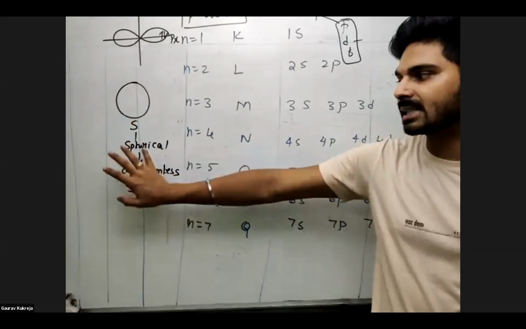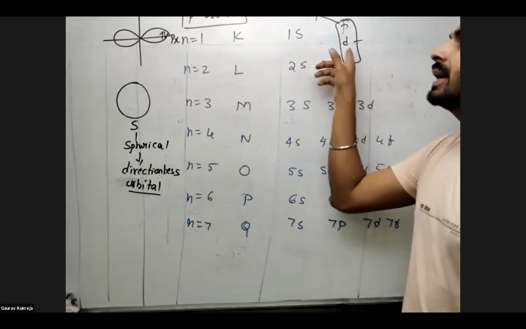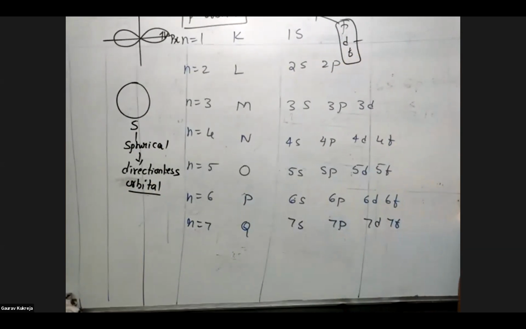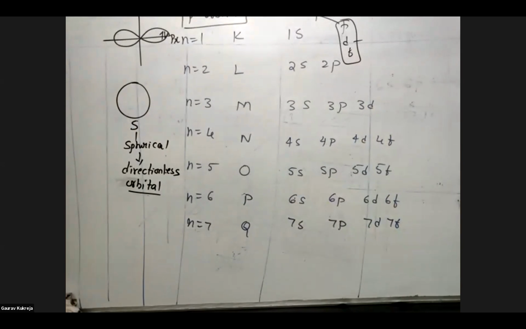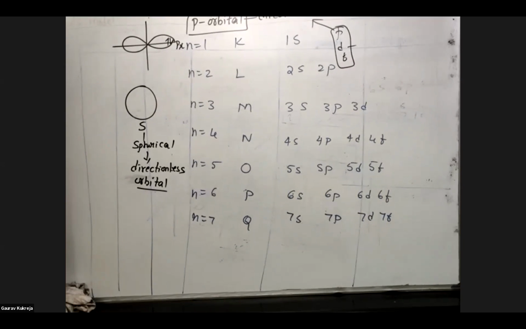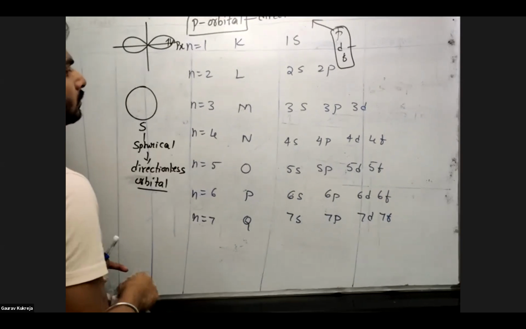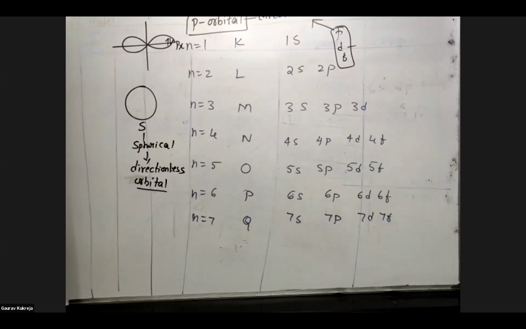So that's why s orbital will be called as directionless orbital. So that of p, d, f will be called as directional orbital. Please note it down.